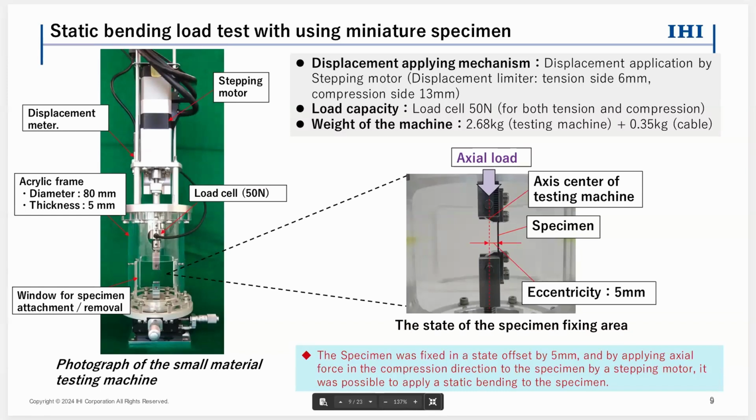The specimen was fixed offset by 5 millimeters from the axis center of the testing machine, and by applying the axial load in the compressive direction by the stepping motor here, it was possible to apply static bending moment to the specimen.